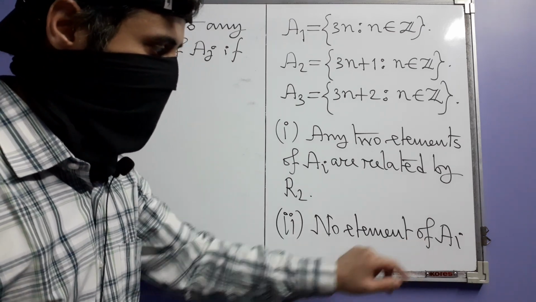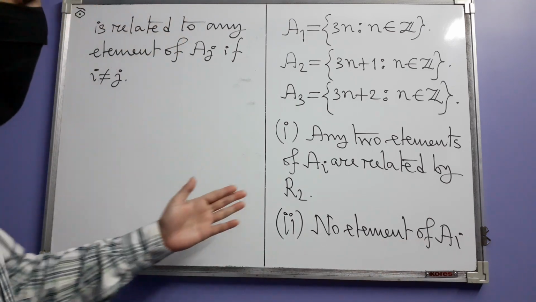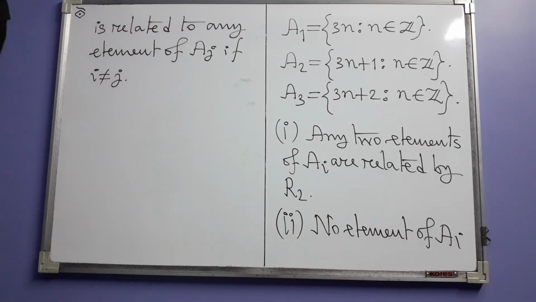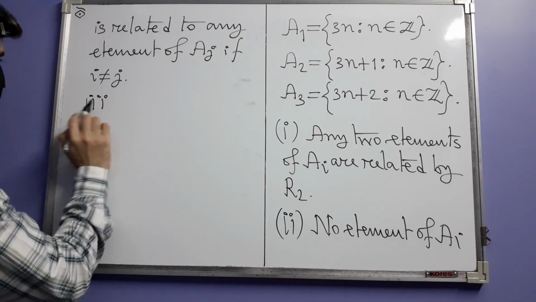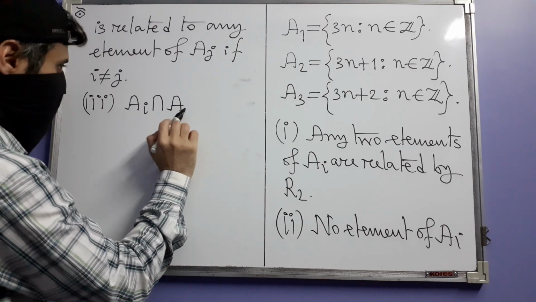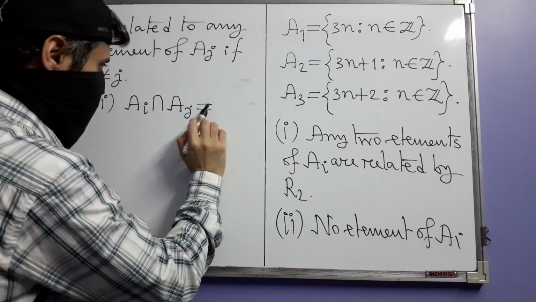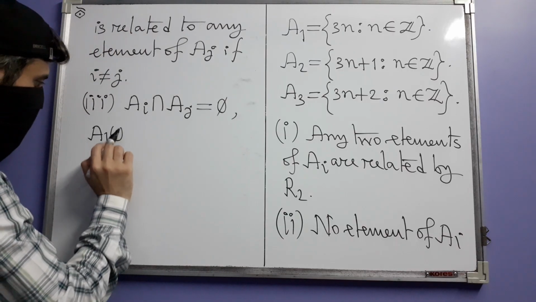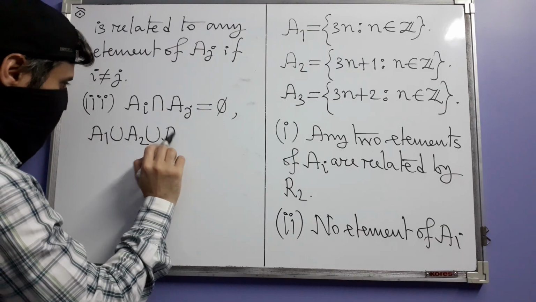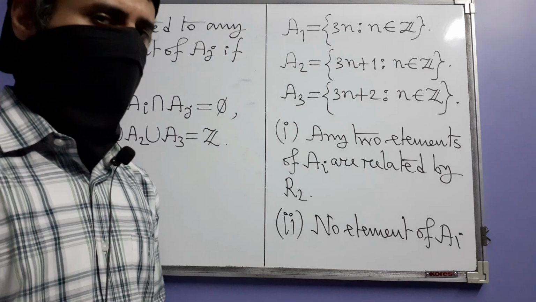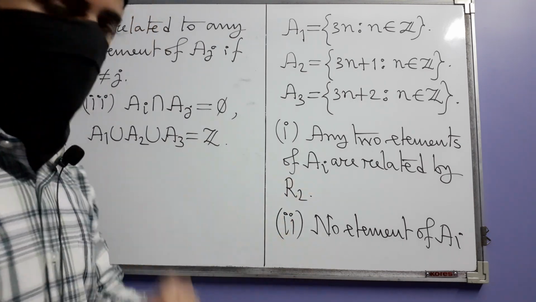We did not write vice versa because in this case that's not necessary. The statement in general for i and j already includes that. And number 3, any two such sets are disjoint and their union is the set of integers. Well, is it really true? Are these things really true?